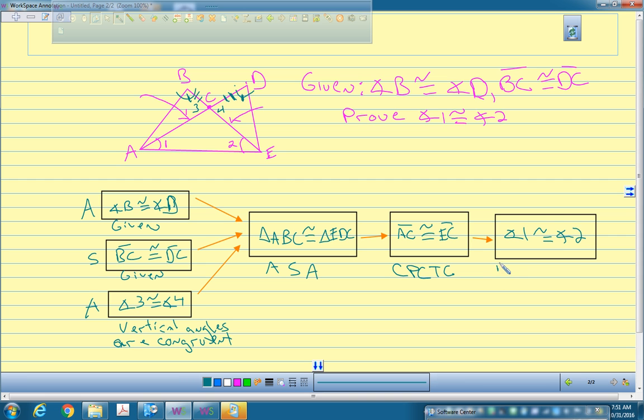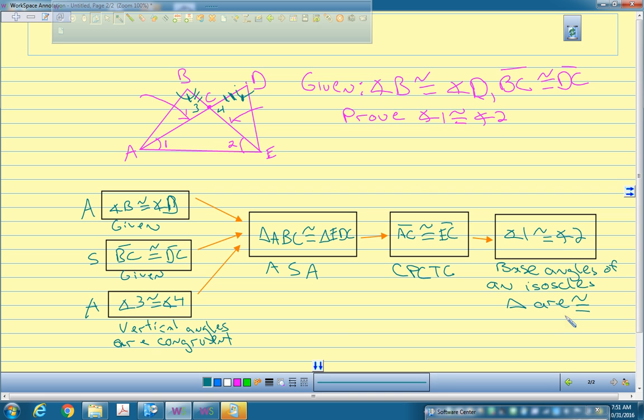So then you say base angles of an isosceles triangle are congruent. Okay? And that's what that flowchart proof would look like. Understand that? Yeah? Okay.